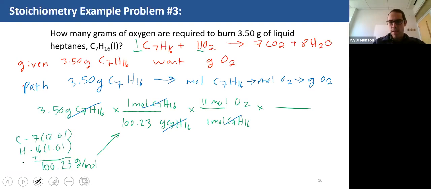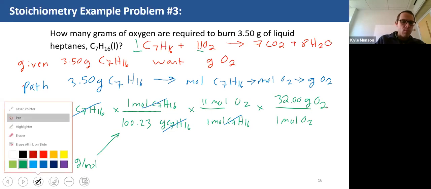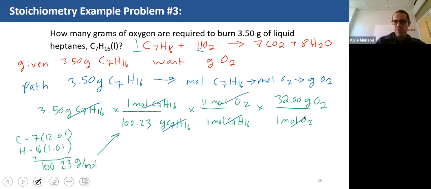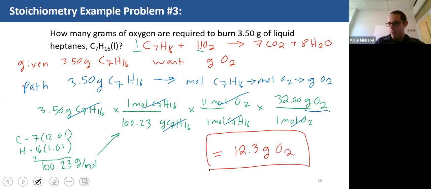And then finally, for every 1 mole of oxygen, we've already calculated this before, 32.00 grams of oxygen. That's just its molar mass. And once again, I'll just cancel all the units. Moles of oxygen cancel with moles of oxygen, and the unit we're left with is grams of oxygen. And when you put all of that into your calculator, you should get 12.3 grams of oxygen.